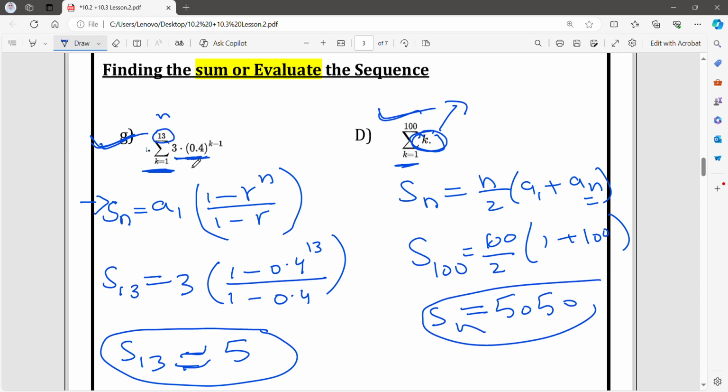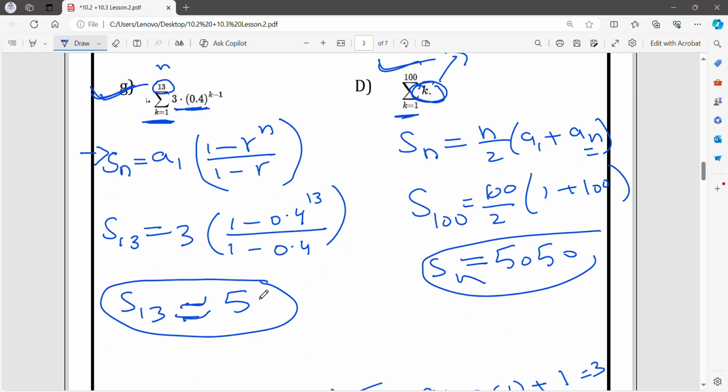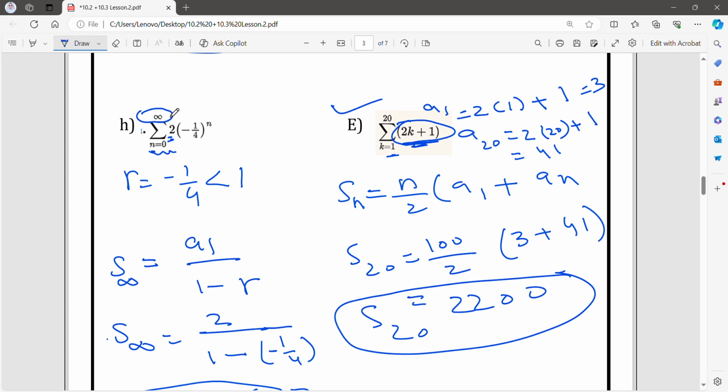If it's an infinite geometric sequence, you have to check the R value. If R is less than 1, then you can find the sum by using this formula. If R is greater than or equal to 1, then you will say the sum is not possible. Or if they say evaluate, you will say not possible.